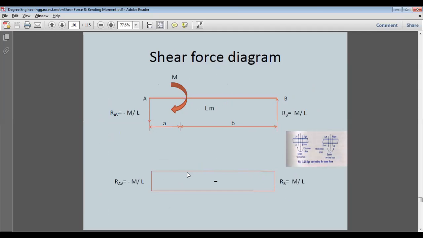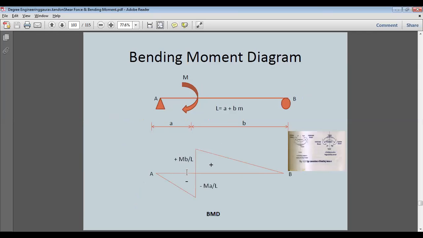In case only one moment is acting, for the bending moment we can see that the moment is acting at this point. From here it will be maximum, and again this point will be minimum, 0. So these two points will face 0 bending moment, whereas this point will have maximum bending moment.